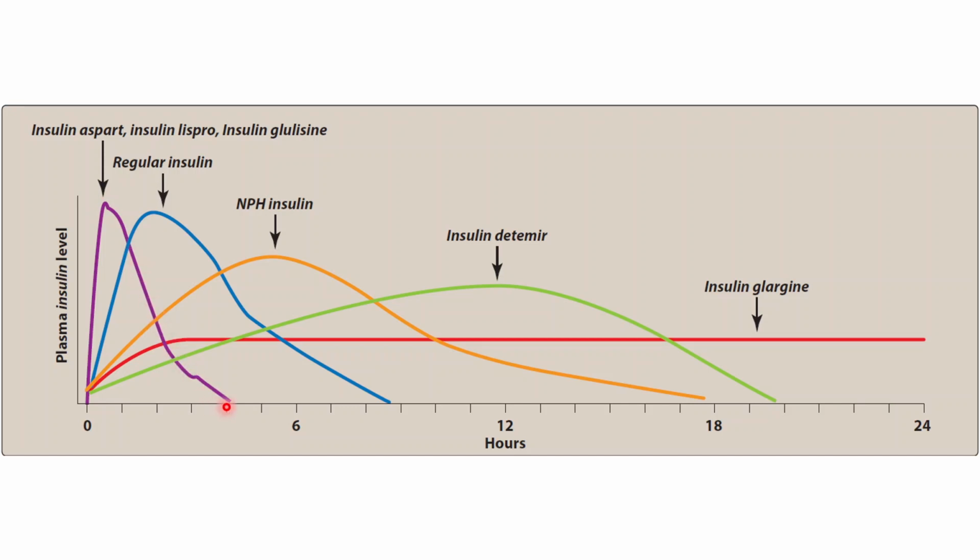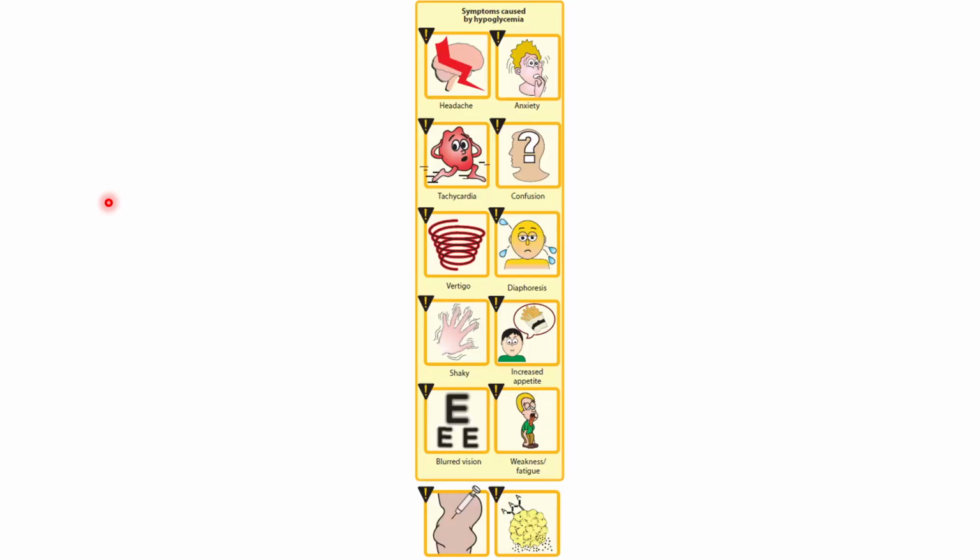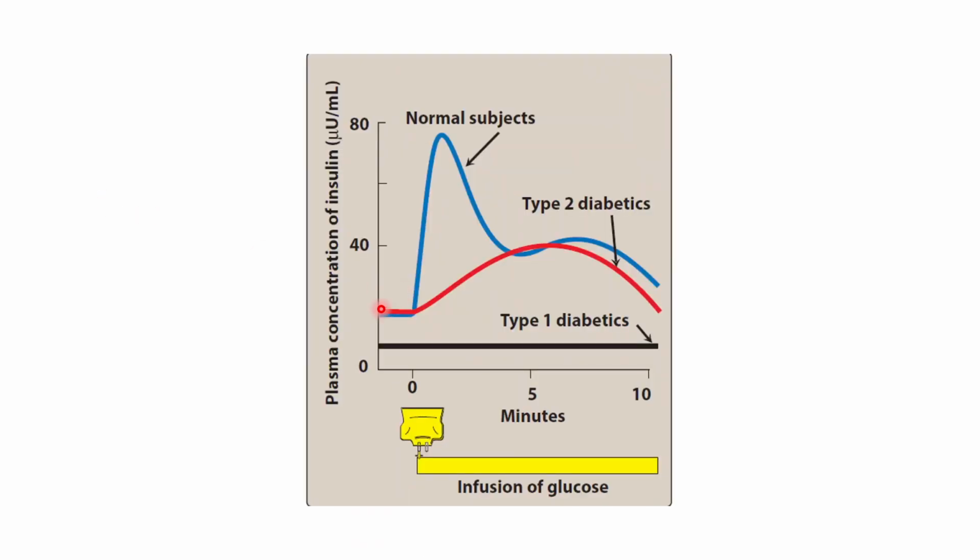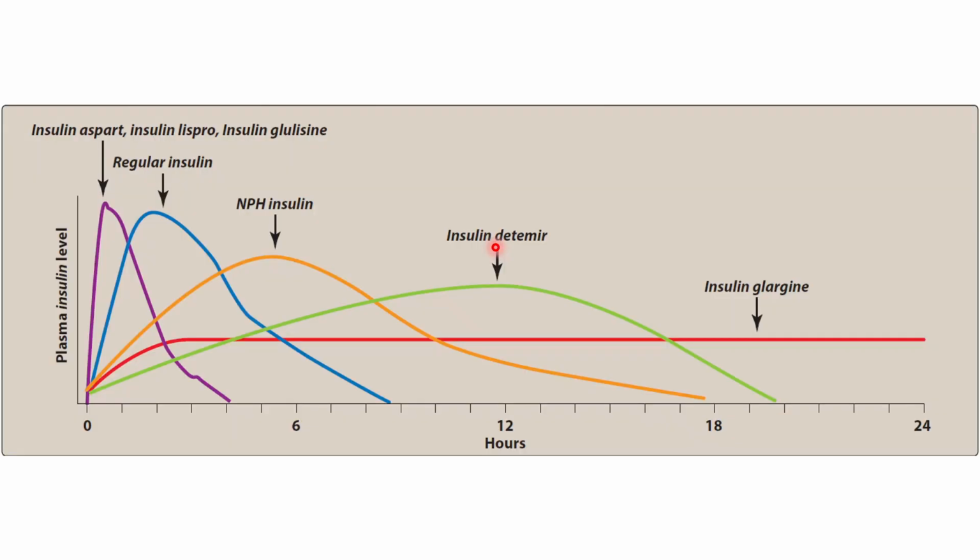The duration of action is about 3 hours and up to 4 hours, but mostly 3 hours, and they have a peak like postprandial insulin secretion, so like this one, and this is very close to the natural insulin secretion. They should be taken just before or during the meal, or even just after the meal, because they have fast onset of action.